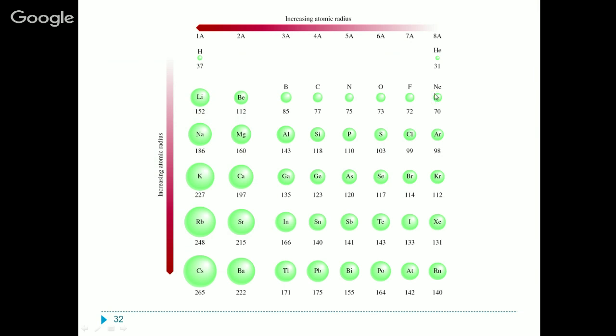So our biggest element is going to be found at the bottom left-hand corner of our periodic table, and our smallest element is going to be found in the upper right-hand corner of our periodic table. So effective nuclear charge gets bigger this way, and effective nuclear charge gets bigger this way.